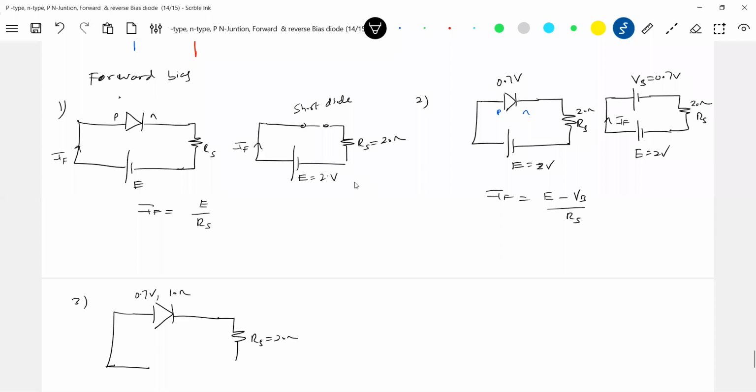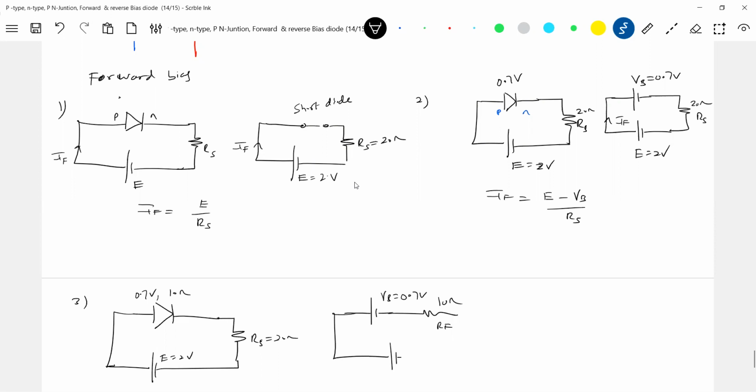Nearby the diode, if they write 10 ohm and 0.7, this is a barrier potential, so you should replace with a cell. This is a barrier potential, and this is a forward resistance, RF.